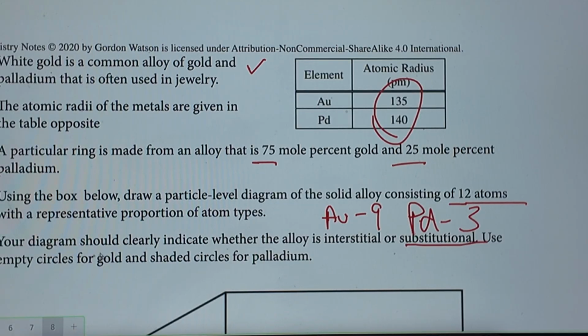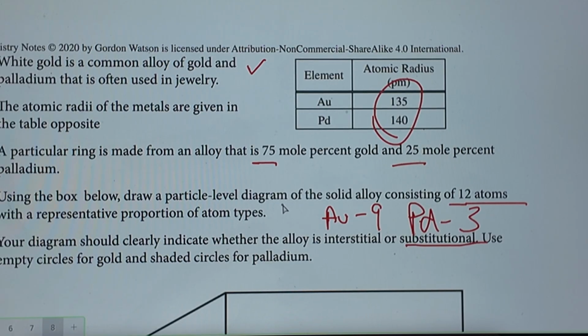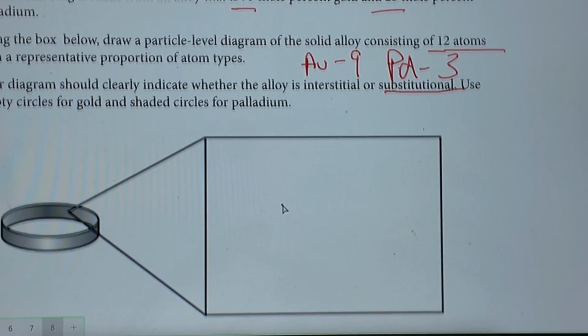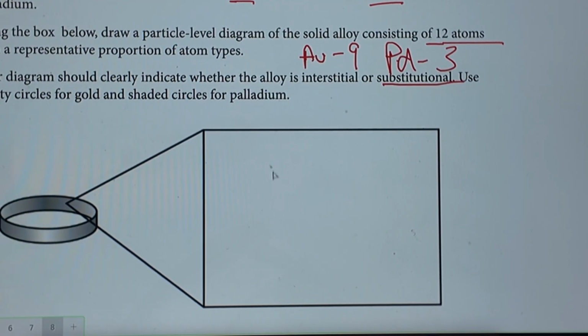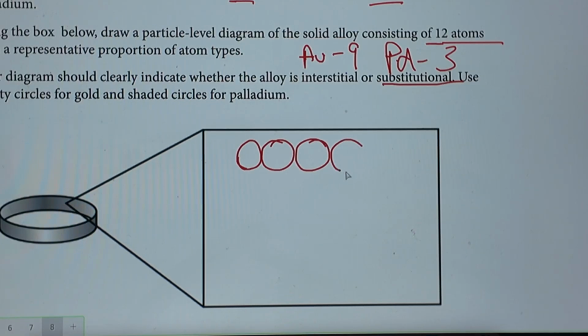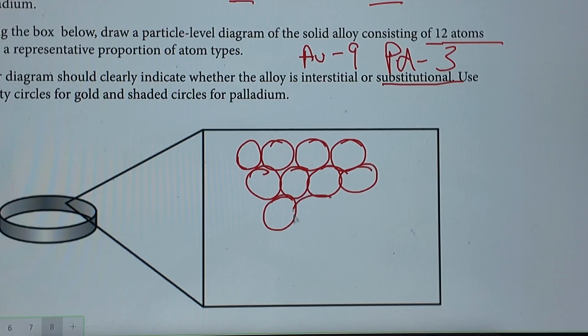Use empty circles for gold and shaded circles for palladium. Oh, super easy. So I'm literally drawing... okay, so I'll draw all 12 circles first, right? So we have 1, 2, 3, 4, 5, 6, 7, 8, 9, 10, 11, 12.